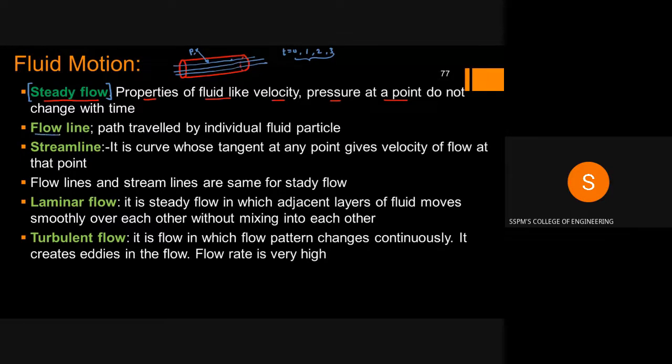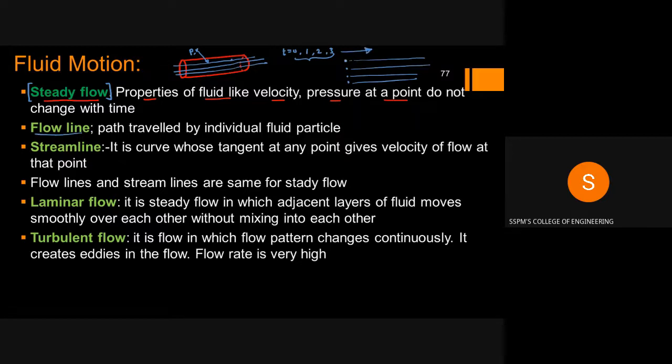Second is the flow line. So what is a flow line? It is the actual path traveled by an individual fluid particle. That is called a flow line. So suppose these are four fluid particles or water particles, and the water is flowing in this direction.